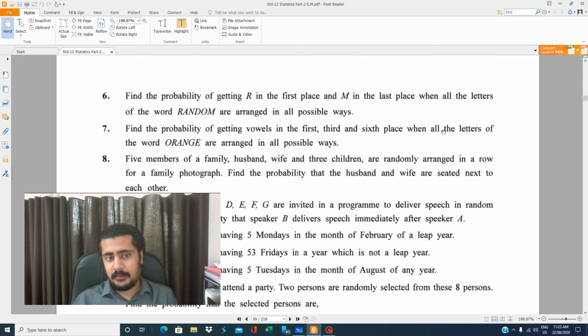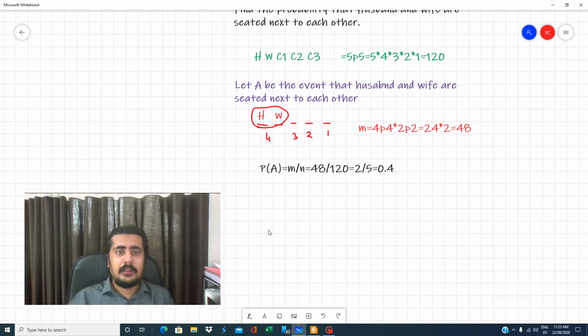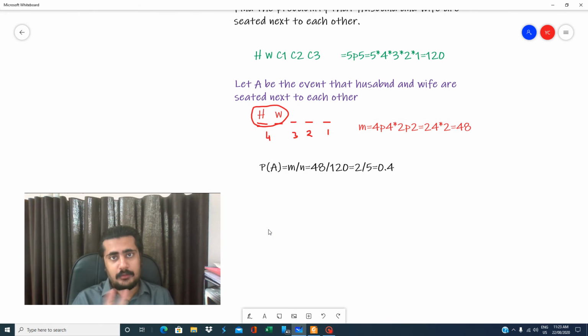Yes, that sum was quite important. As I told you, in this sum it was asked to find the probability that husband and wife are seated next to each other. When you are asked that two persons should be seated next to each other, you have to treat the two as one.